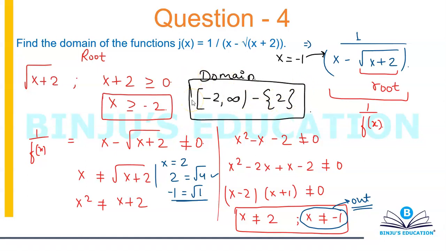Because when you say x is greater than or equal to -2, so from -2 to infinity, any value you can take, but you cannot have x equal to 2. So therefore, I have removed that from the domain. And that will be my answer to this question.